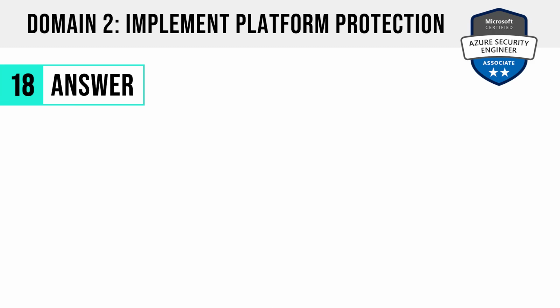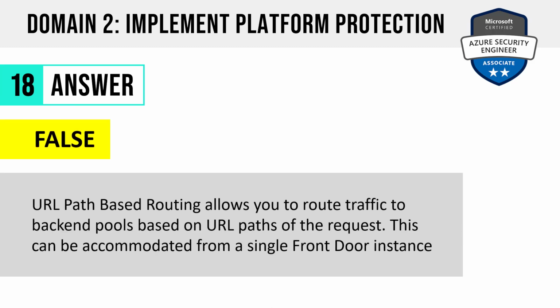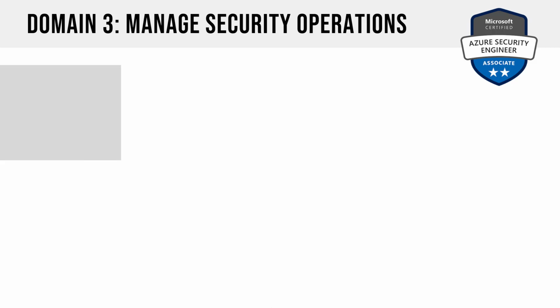And the answer is false. URL path-based routing allows you to route traffic to backend pools based on URL paths in the request, but this can be accommodated from a single Azure Front Door instance.